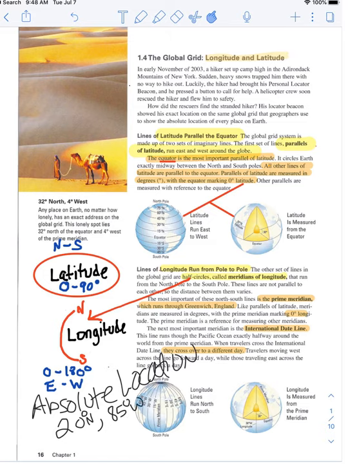When I'm given those two numbers, I can find any location on the Earth. So as we move on, we're going to talk a little bit more about how to use numbers like this.